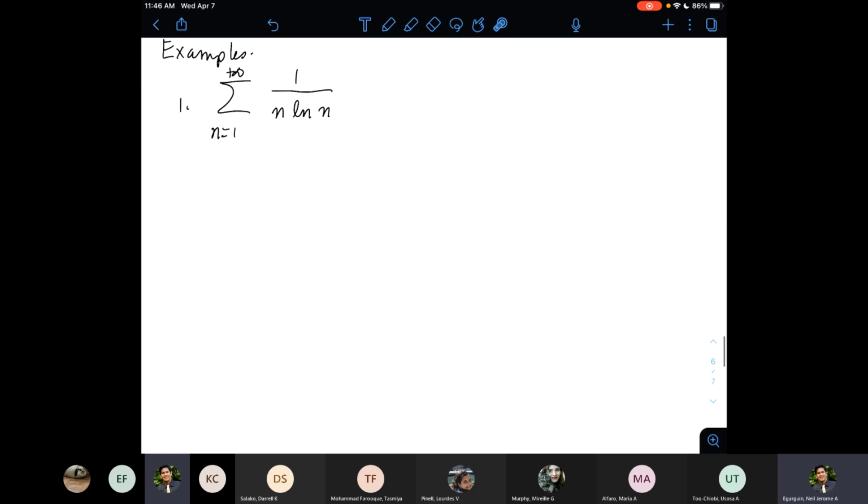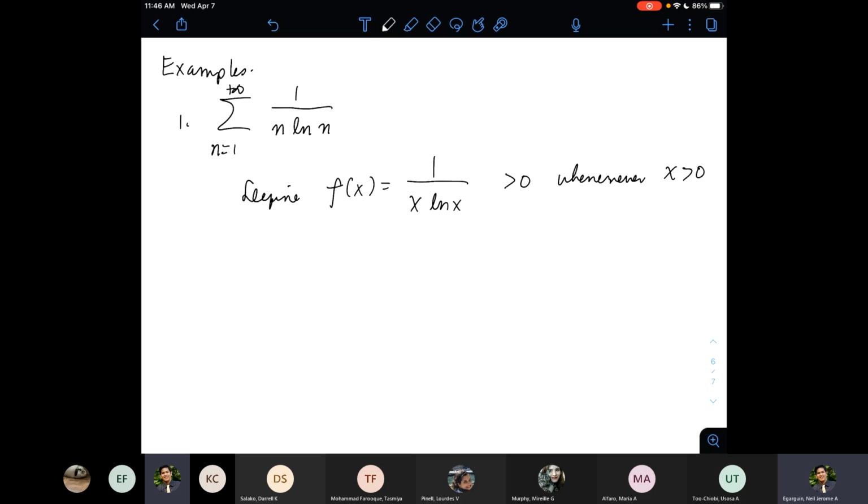So we'll move to a more complicated test, and for this one, I'll use the integral test because I can define f to be the function 1 over x ln x, okay, which is always positive whenever x is greater than 0, right? Or actually greater than 1. Because remember here, the summation starts at 1.